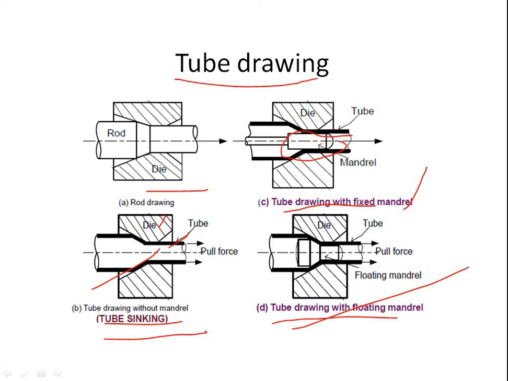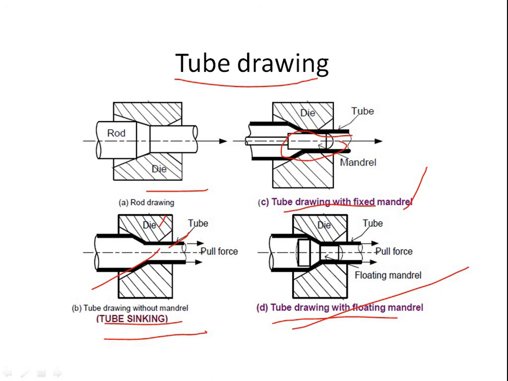Even if a small diameter mandrel is used, it will be too weak due to low section size. Also, the length of the tube that can be drawn is limited by the length of the mandrel rod. This difficulty can be overcome by drawing the tubes with a floating mandrel.